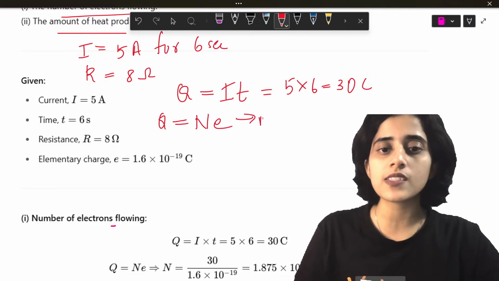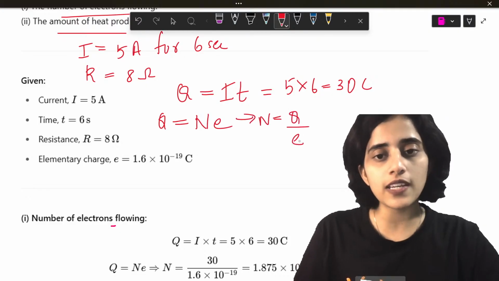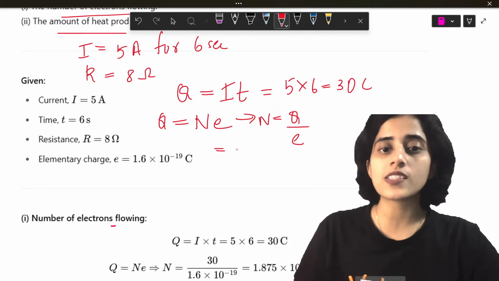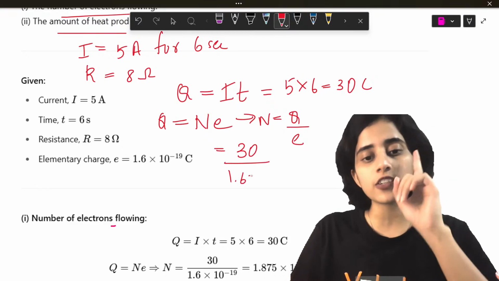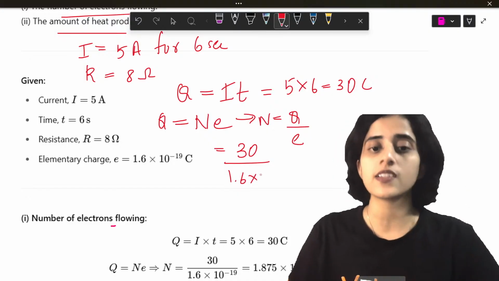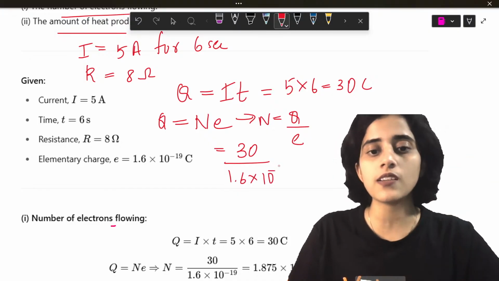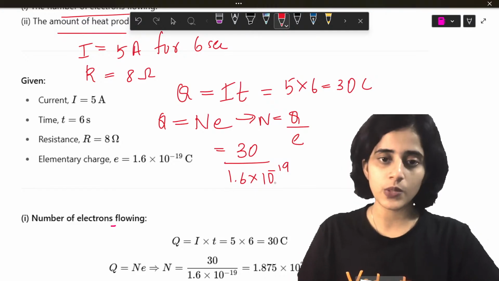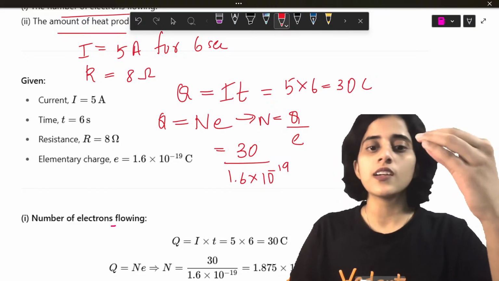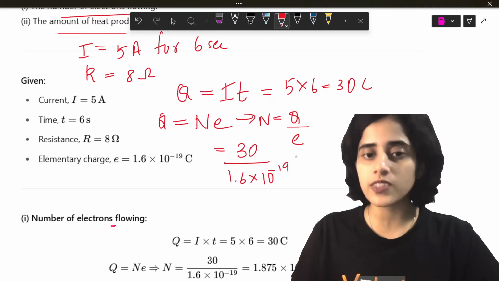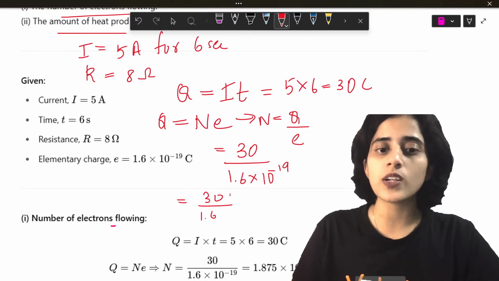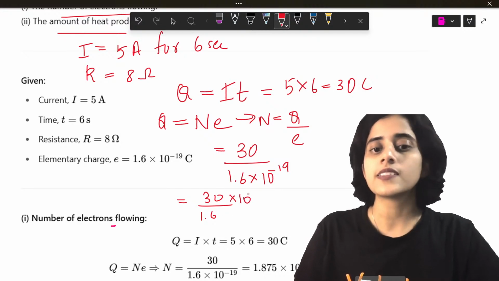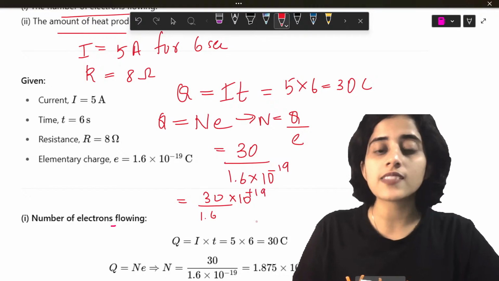So from this, N is what? Q by E. And what is Q? We already got it as 30, divided by the charge of one electron. I already told you, all of you should know it by heart: 1.6 into 10 raised to minus 19. Now these powers, you can take them to the numerator. So 30 into 1.6, this will go up, it will be 10 raised to plus 19.